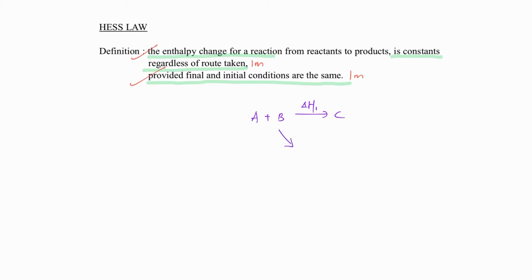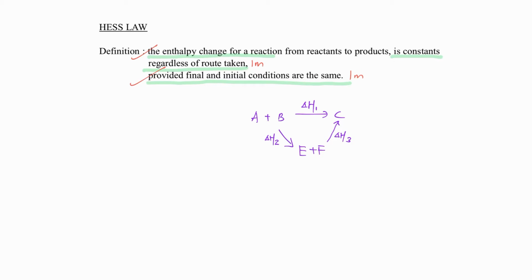A reacts with B to give E plus F, and E plus F react to give us C. So with this pathway, we have 2 steps to get C from A plus B. If it is a 2-step reaction, then we will have 2 delta H. We have delta H2 for the first reaction, and delta H3 for the second reaction.